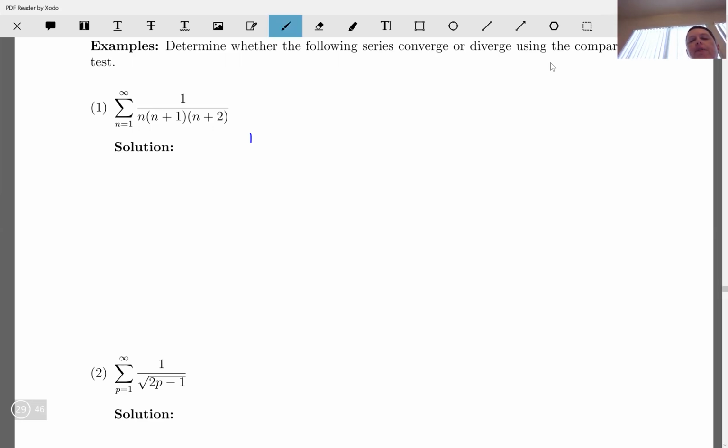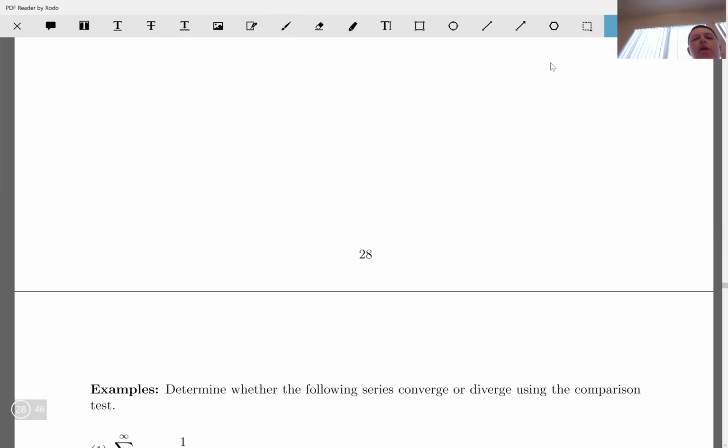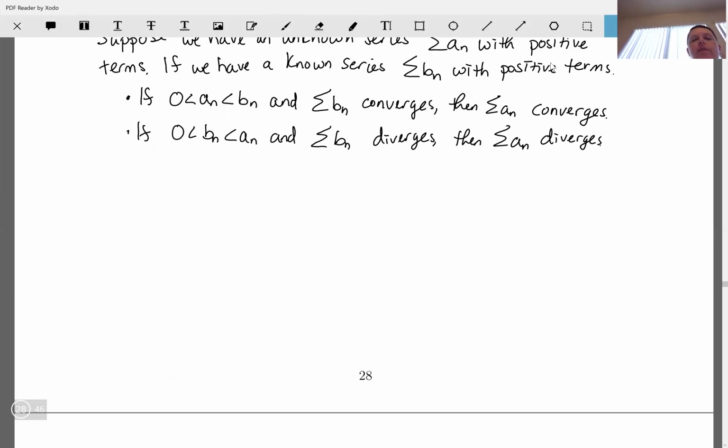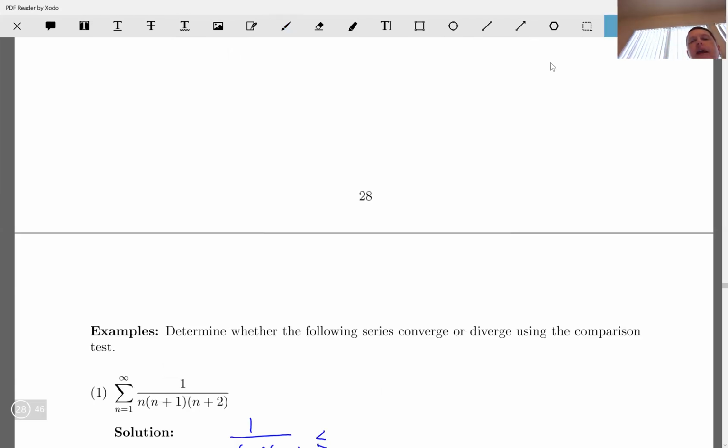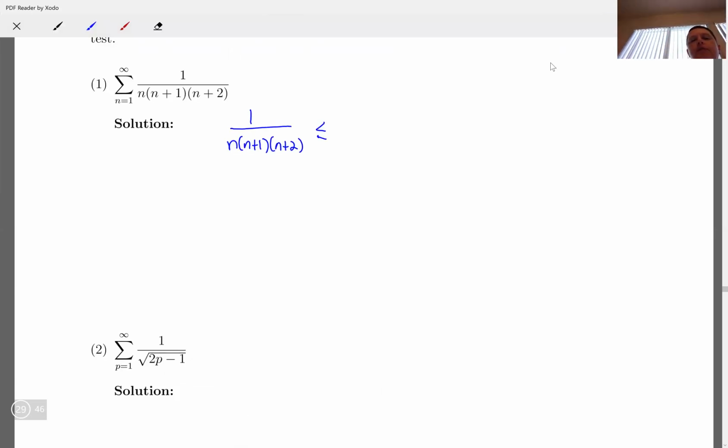I hope you agree that this has to be less than or equal to, at the very least, and in the comparison test we're actually allowed to have equality. I should have really mentioned that. It could be less than or equal to. Anyway, back to our example, this is less than or equal to 1 over n cubed.